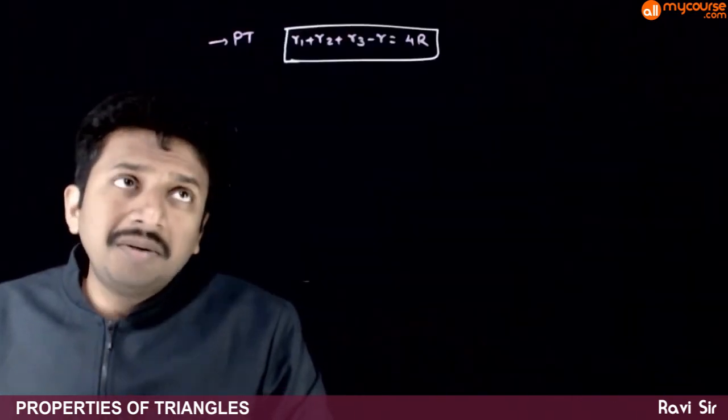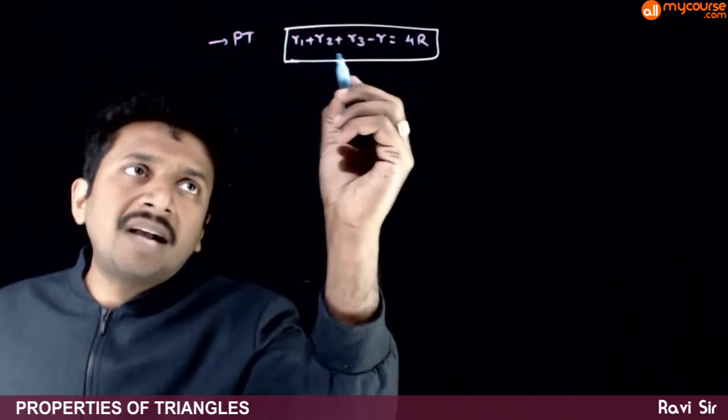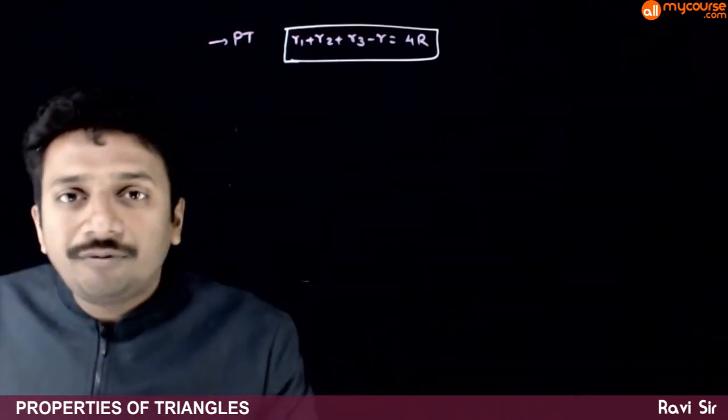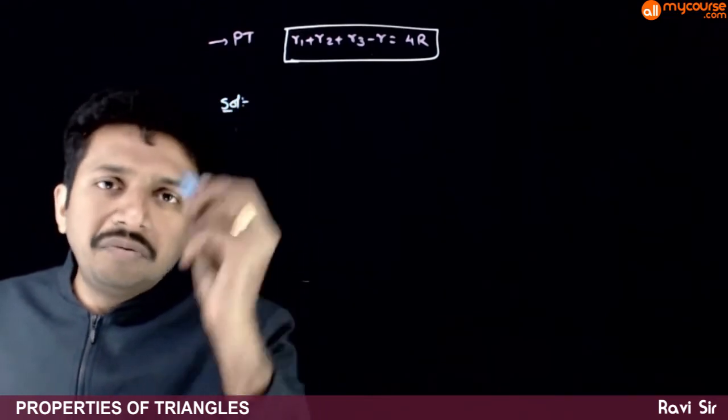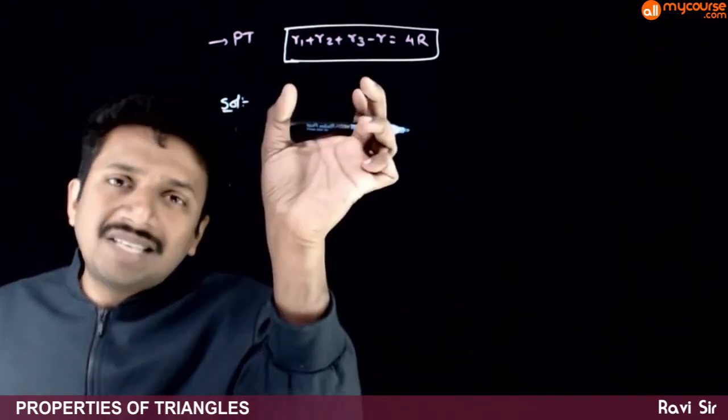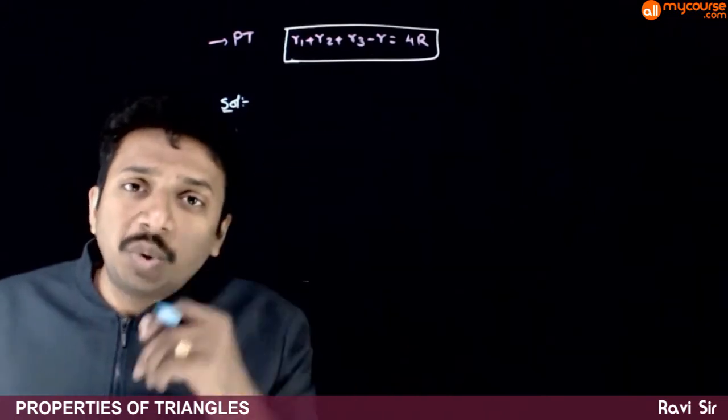So in this question, you're asked to prove that r1 plus r2 plus r3 minus r is equal to 4 times capital R. So how do we try to do this? Let us start with our LHS and see whether it leads to RHS.